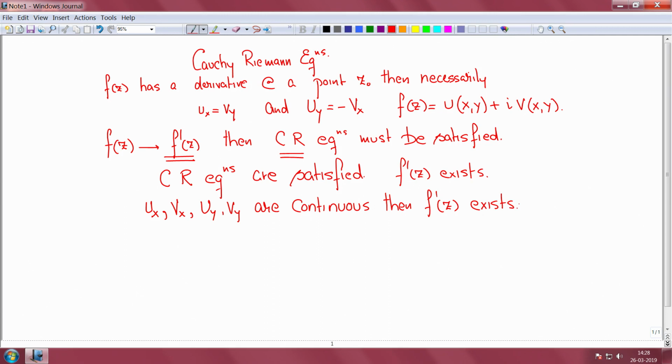So, these are the sufficiency conditions. In addition to the CR equations, if the partial derivatives u_x, v_x, u_y, v_y are continuous, then f dash of z exists. Okay. So, let us look at some examples.